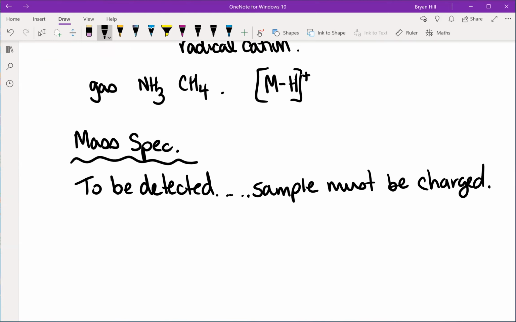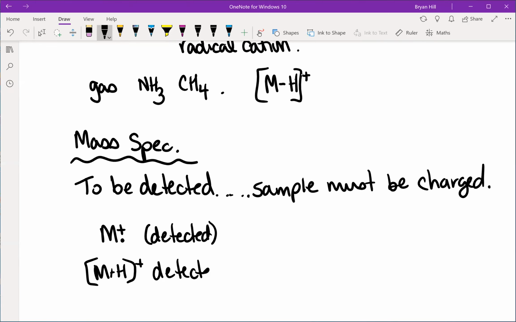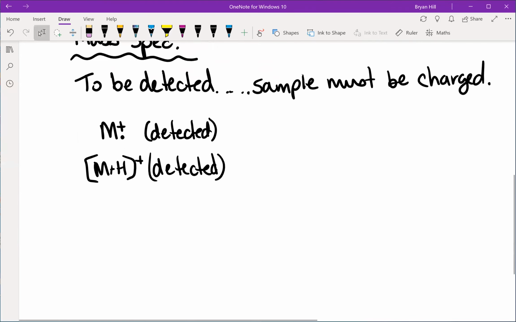So if your molecule is a radical cation, this will be detected. If it is like M plus H, and it's got a positive charge, this would be detected. So you have to have a charge, and there's actually ways of putting a negative charge on mass, particularly in some of the quadrupole mass specs like the ion trap.